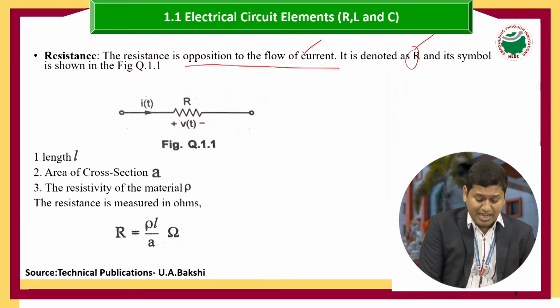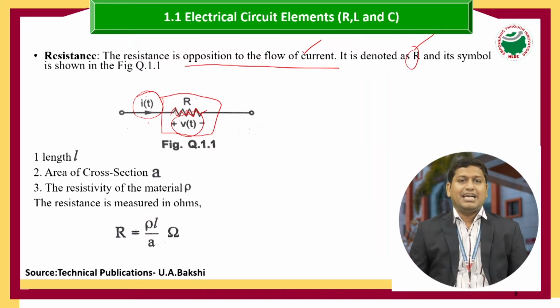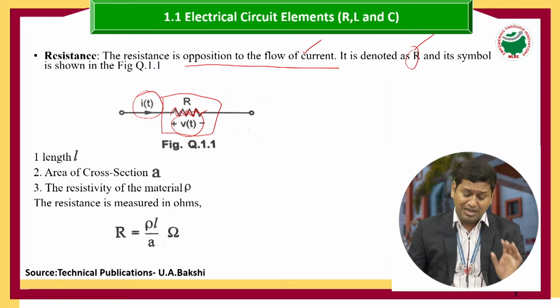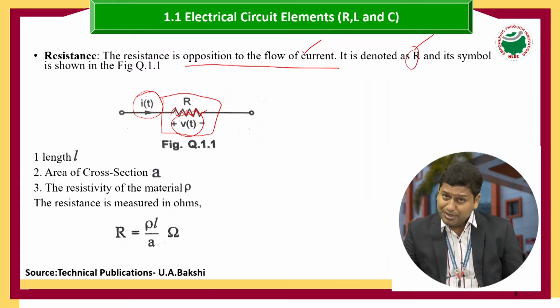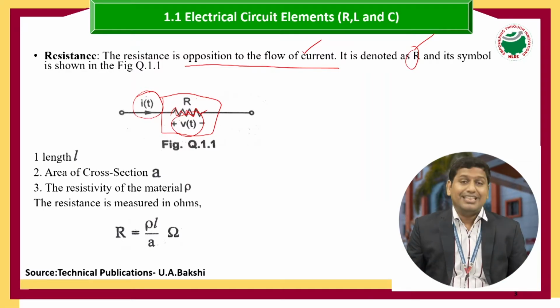We can see here the diagram that resistance is represented like this. And here you can see the two sources, voltage source and current source. Throughout electrical engineering, whenever I talk about the elements, it has to be uttered like this: the current passes through the parameter and the voltage across the parameter.